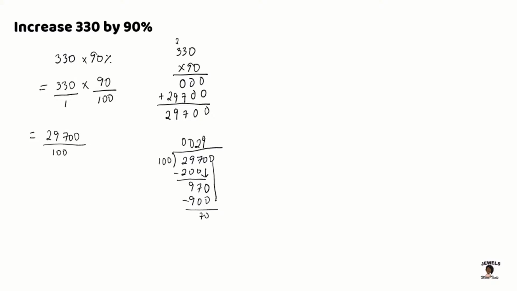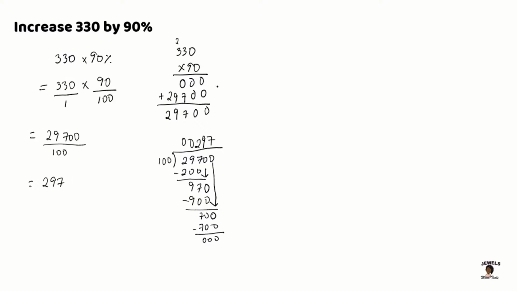We'll bring down our 0, changing our 70 into 700. 100 divides into 700 7 times, and 7 times 100 is 700. Okay, so we got 297 when 100 divided into 29,700.